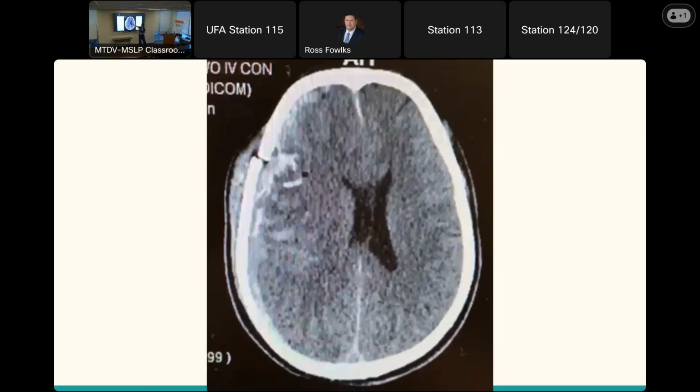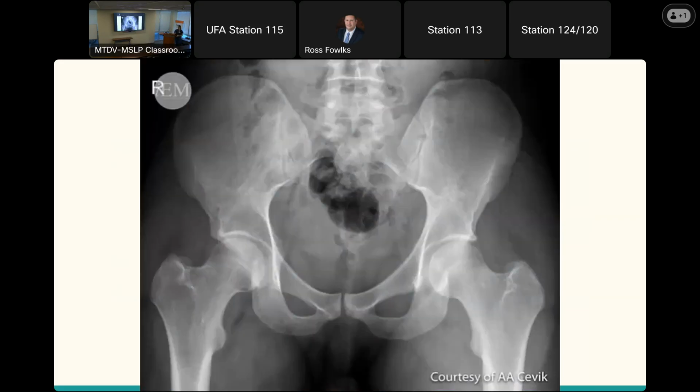The ventricle here is depressed, lots of swelling on the side. Kind of a poor image, but there might be some... So that's the telltale sign of axonal injury on a CT is when you can't differentiate between the white and the gray matter at all. Which that kind of already does.